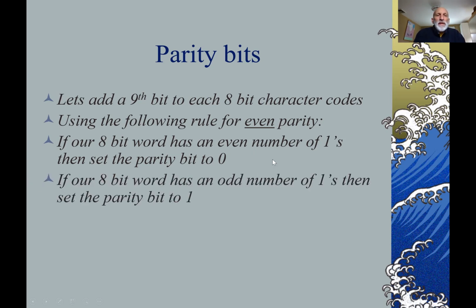On the other hand, if the 8 bits in the real data have an odd number of ones, there's 1 one, or 3 ones, or 5 ones, or 7 ones, those are odd numbers, then the parity bit would be set to 1.